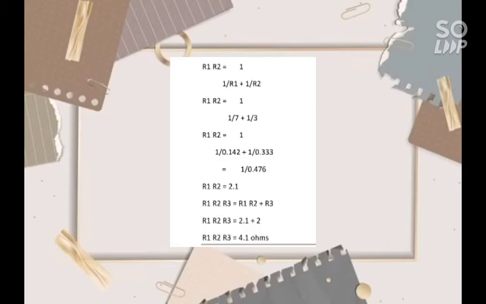Therefore, the total of R1 and R2 is 2.1. Let's now add R3 because it is in series with R1 and R2. 2.1 plus 2 is equal to 4.1. Therefore, the total ohms of R1, R2 and R3 is 4.1.